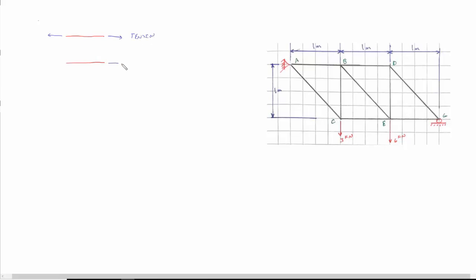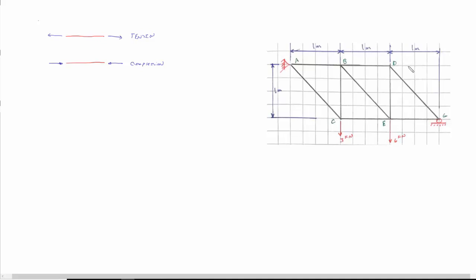And if you pushed in on your pencil, just be careful with the lead, that would be compression. For each of these members we're going to have to compute whether they're in tension or compression, and we're also going to have to compute the internal axial force in these members due to the forces that are acting on the truss.